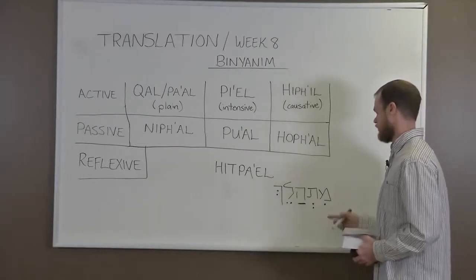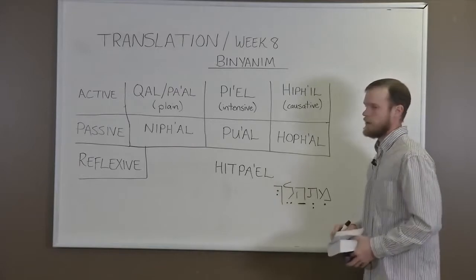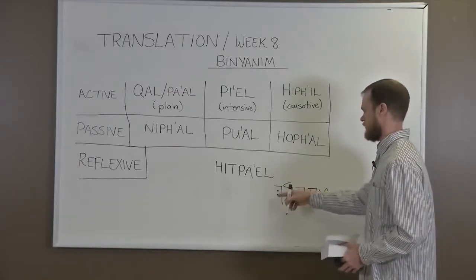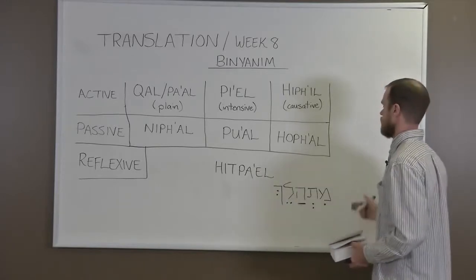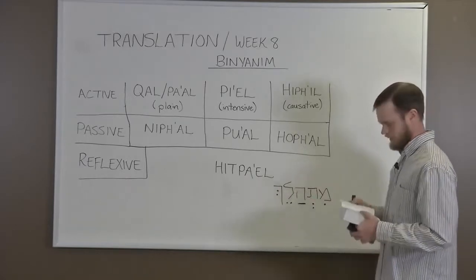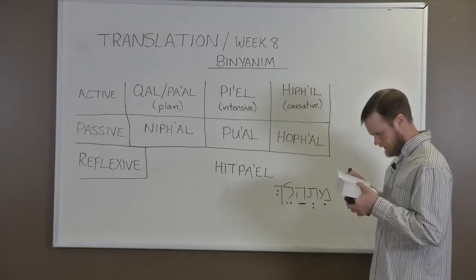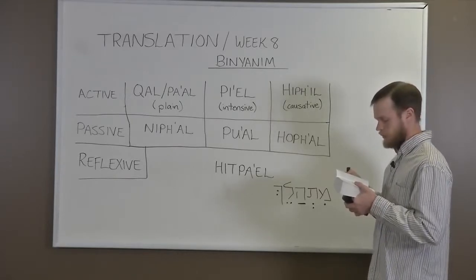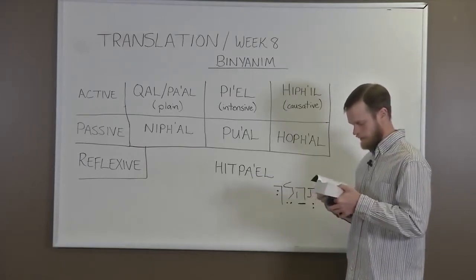So they heard the sound of Yahweh God mithalech, walking back and forth. The root here is halach, hey lamed kaf, which means to walk. So conjugated in the hitpael, it means walking back and forth. Bagan, in the garden. Leruach hayom, which is in the windy part of the day.